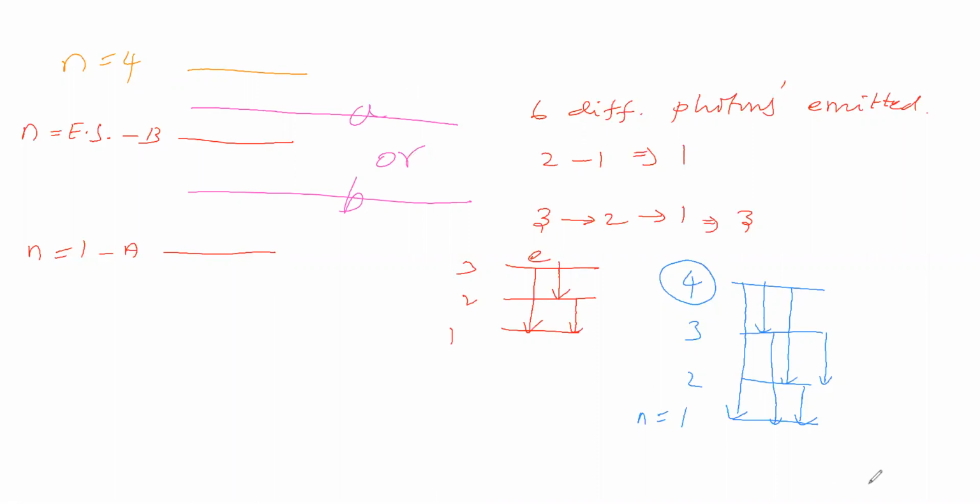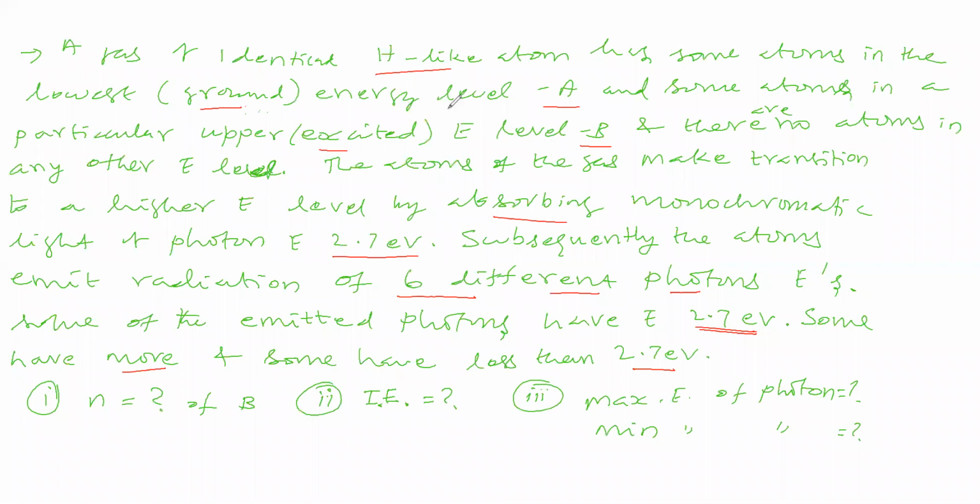For which we will see the question. In this question you see, atoms of gas absorb monochromatic light of photon energy 2.7 electron volt. Now in this gas A is there, B is there. Which is absorbing 2.7 electron volt? Is it mentioned?